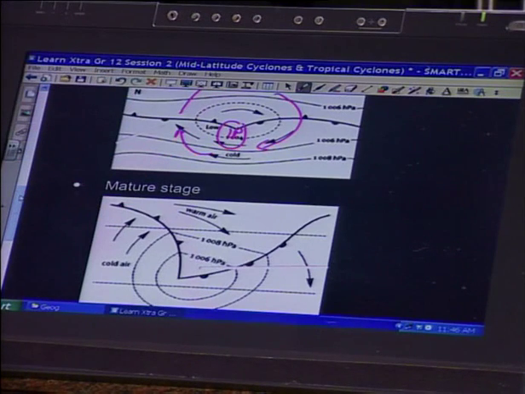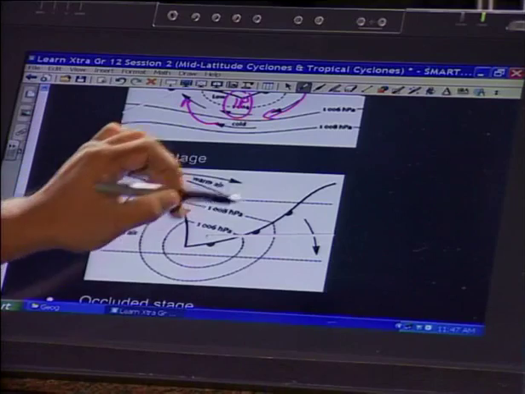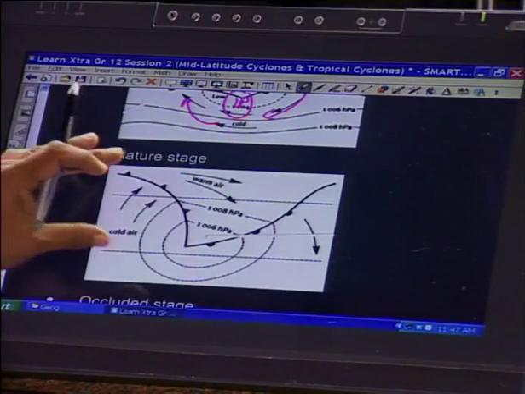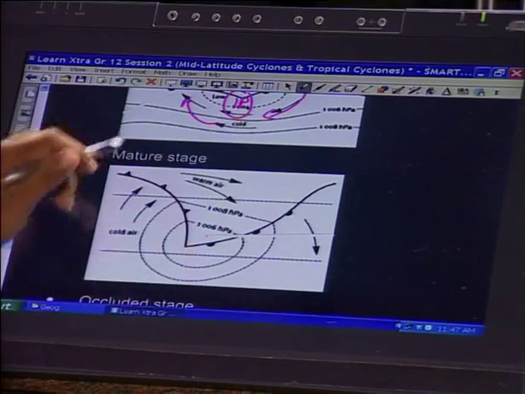With the mature stage, I know it's a far more detailed explanation, but I'm going to go just briefly, so I'm going to show you how to identify it and what to look for in terms of the system itself. When we come to the mature stage, we find that the system has developed into a more circular pattern.